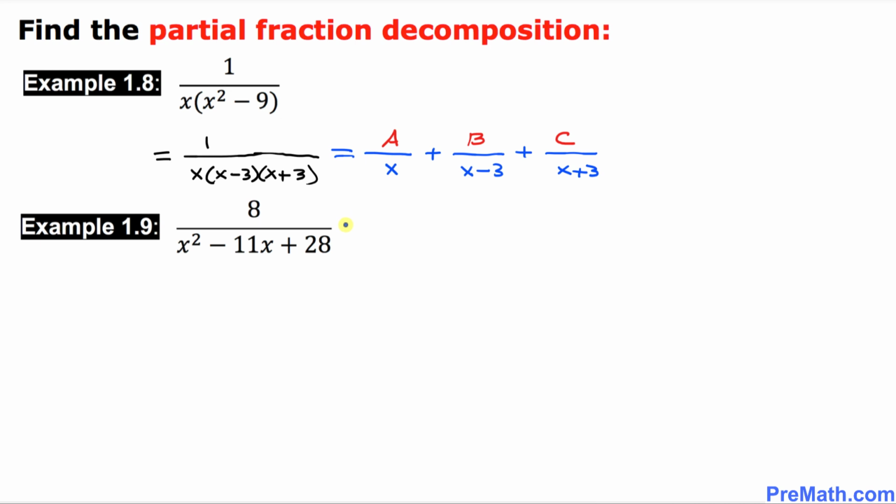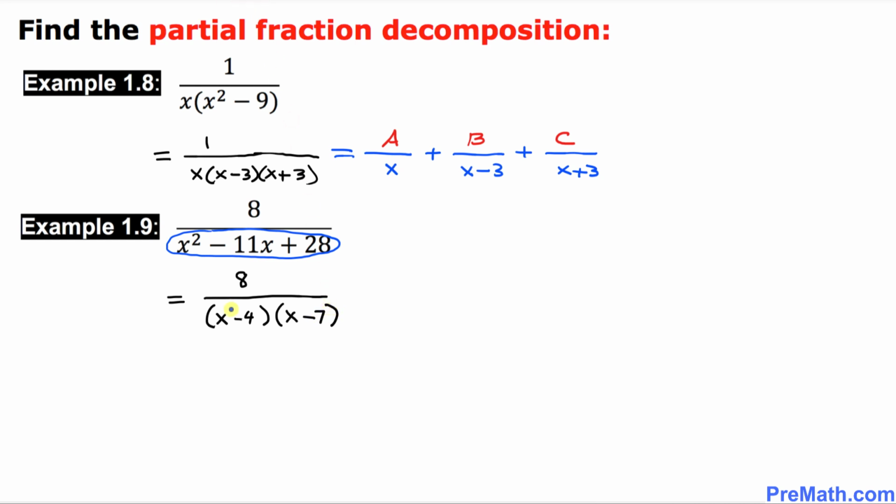And here in the next example, once again, let's look at the denominator part over here. This is quadratic, isn't it? And we can easily factor this one out. Let's go ahead and find the factors at the denominator. 8 is still going to be on the top, and this quadratic can be factored into two parts. The first one is going to be x minus 4, and the other one is going to be x minus 7, isn't it?